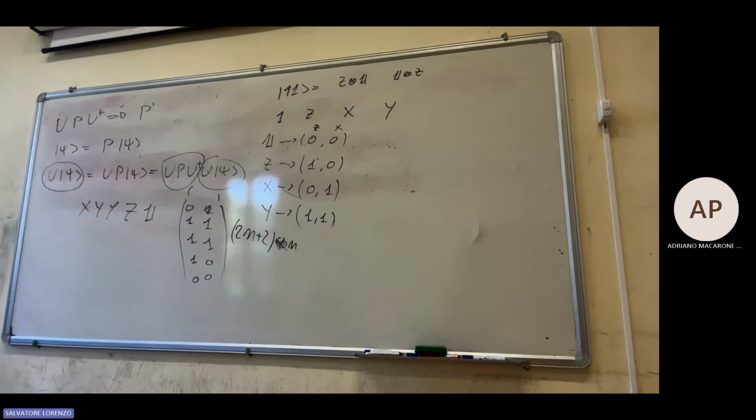So the point is that if I have a quantum algorithm that starts from a stabilizer state, uses only Clifford operators, and makes a measurement in a computational basis, this can be simulated on a classical computer in a very efficient way.